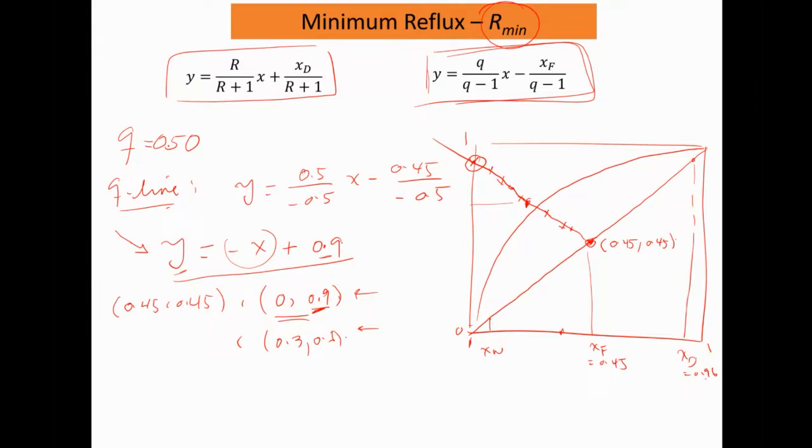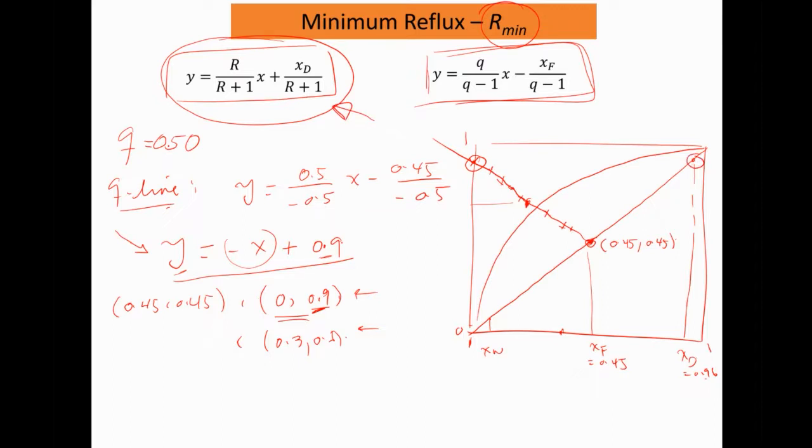Now you will start drawing the operating line. In order to draw the operating line, you need R, but you don't have R. You want to determine R based on R minimum. But you know the first point that is going to pass through this line is going to be this point here.